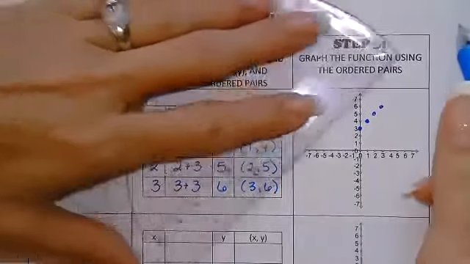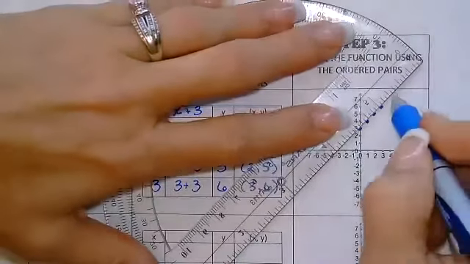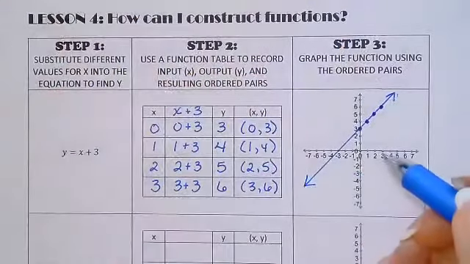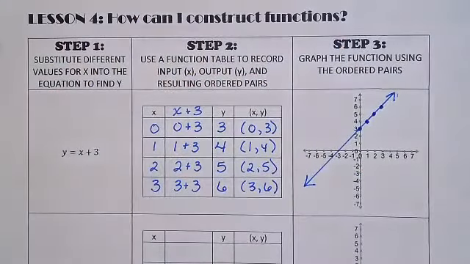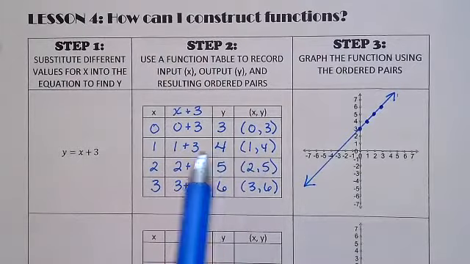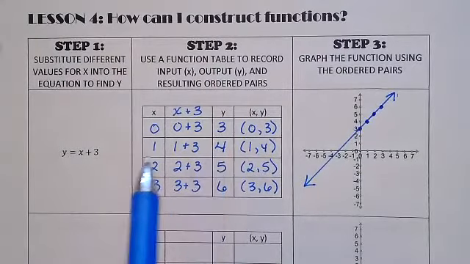Use a straight edge to connect the dots and make our graph. Okay, so we've taken a function and created a function table. And from the function table, we created a graph of the function.